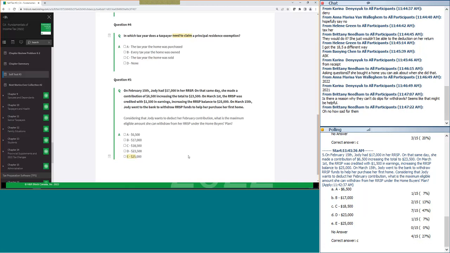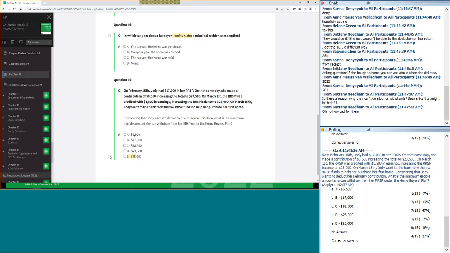If you see an RSP withdrawal under a home buyer plan or lifelong learning plan, the next thing you have to do is go look for receipts for the calendar year plus this calendar year. Go see if any money went in that year, and if it did, start asking, when did the money come out, when did it go in, so that you can adjust if you need to adjust. Okay?